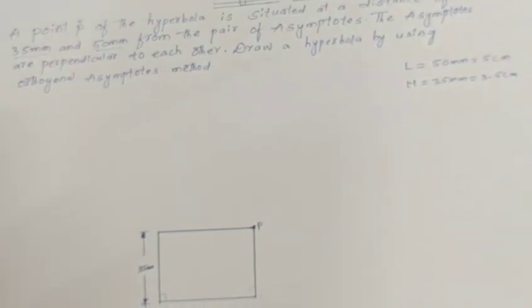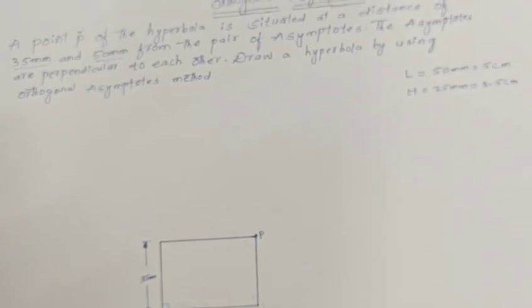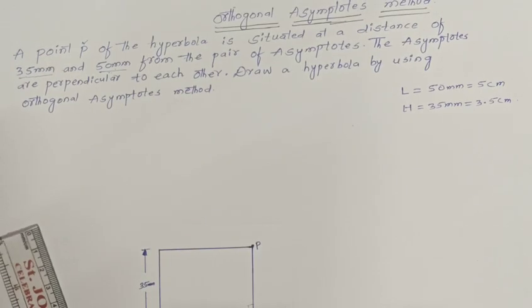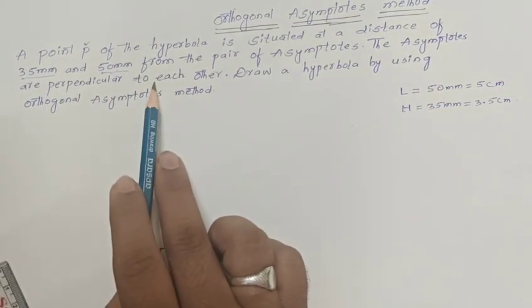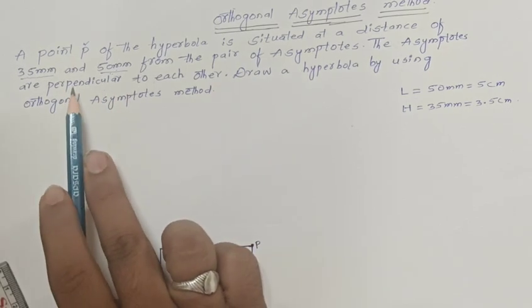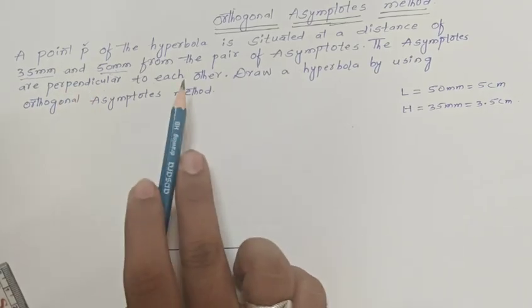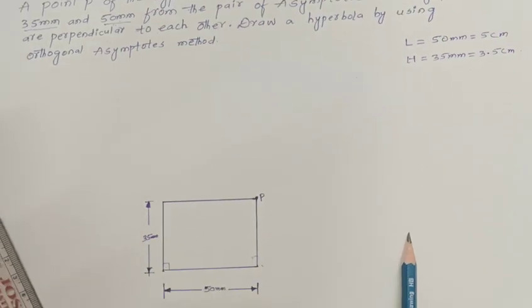So that is what we call the orthogonal asymptote method. The asymptotes are perpendicular to each other. Perpendicular means each line is making an angle of 90 degree to the other. Draw a hyperbola by using the orthogonal asymptotes method.